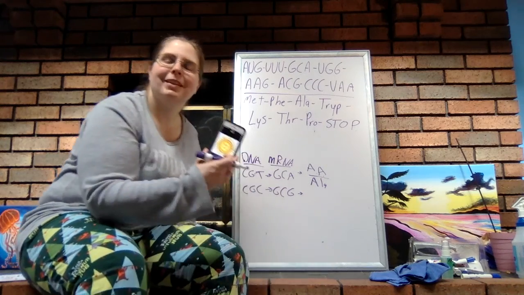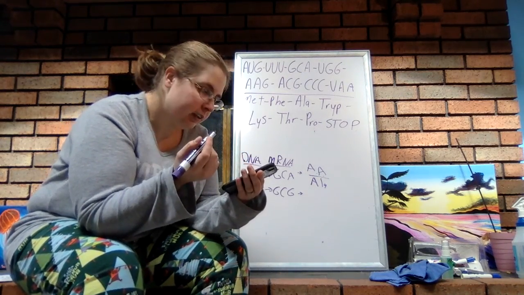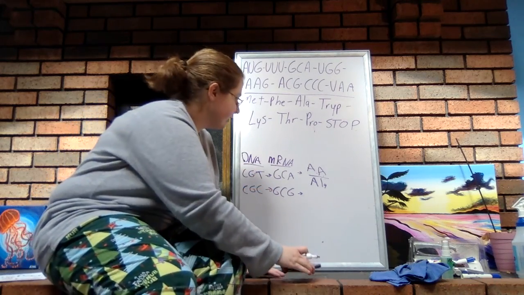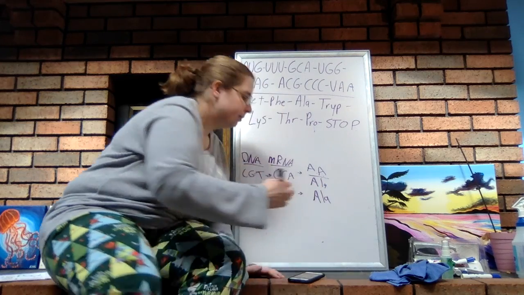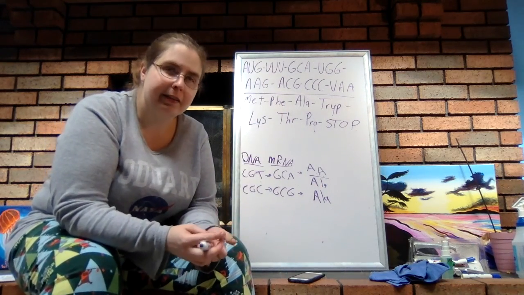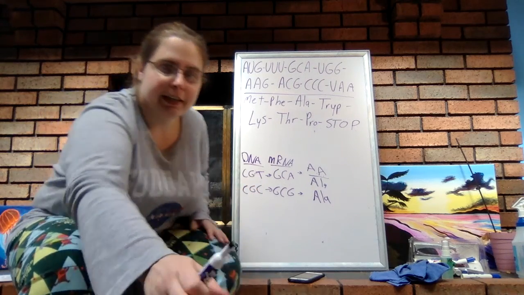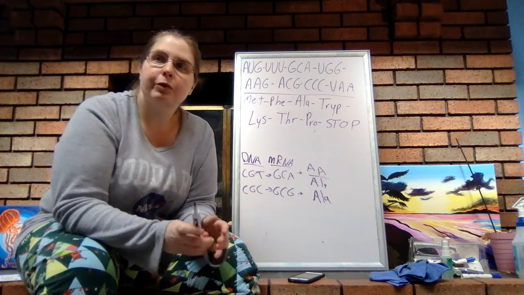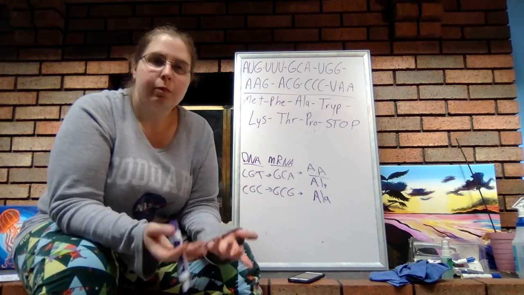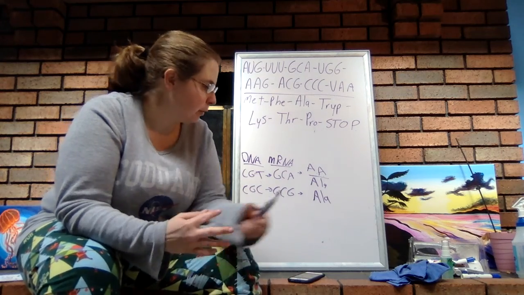Now, if we look at our amino acid chart, GCG would still give us the exact same amino acid, alanine. We call this a silent mutation. It's still a change in the original DNA, and that led to a change in the mRNA, but there is no change to the amino acid, which means there won't be any change to the actual protein sequence.